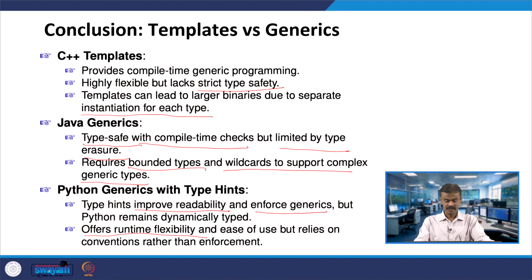Python has runtime flexibility and is easy to use. When you are writing code in Python, you can find it very easy compared to Java and C++, and when you add the generics concept, you get flexibility and easiness.